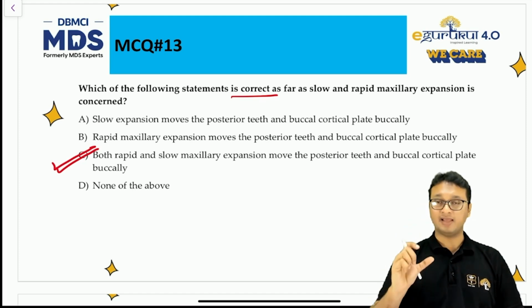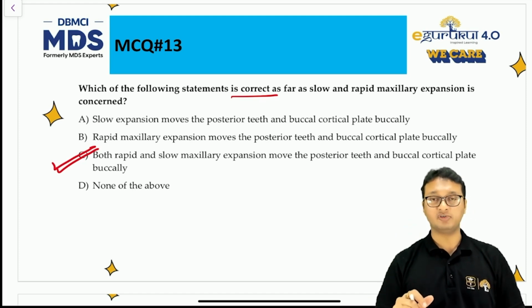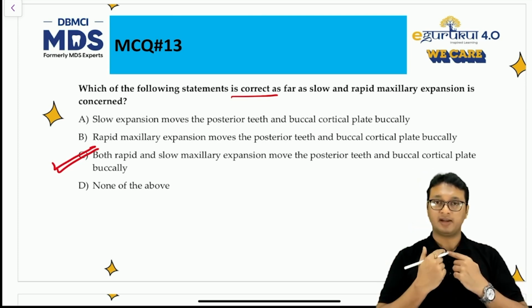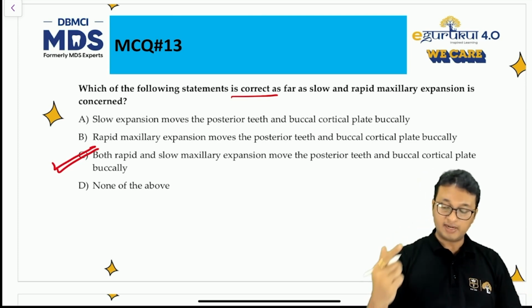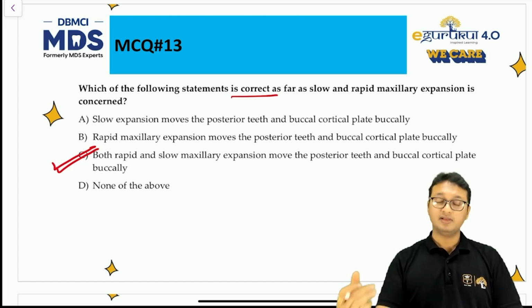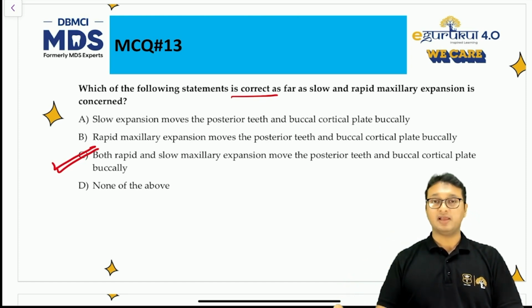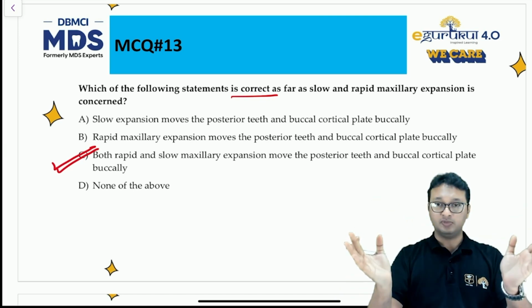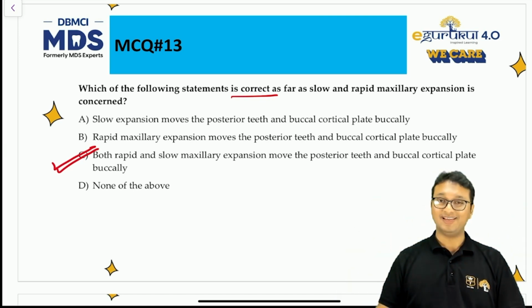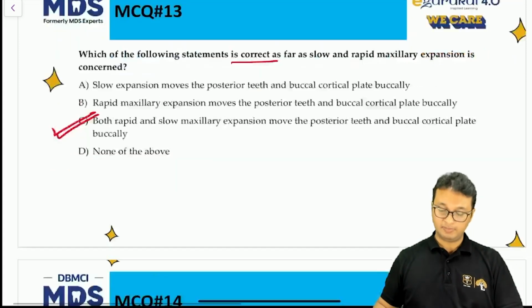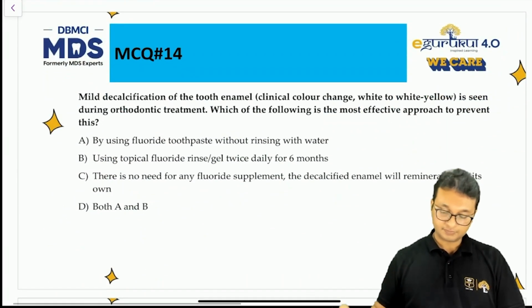The teeth and the alveolar bone act as a handle for transmission of the forces from the jack screw to the midpalatal suture. So no matter if it is slow or rapid, the movement of the posterior teeth and bending of the alveolar bone of the buccal cortical plate is inevitable in either of the cases. So correct answer will be option C.